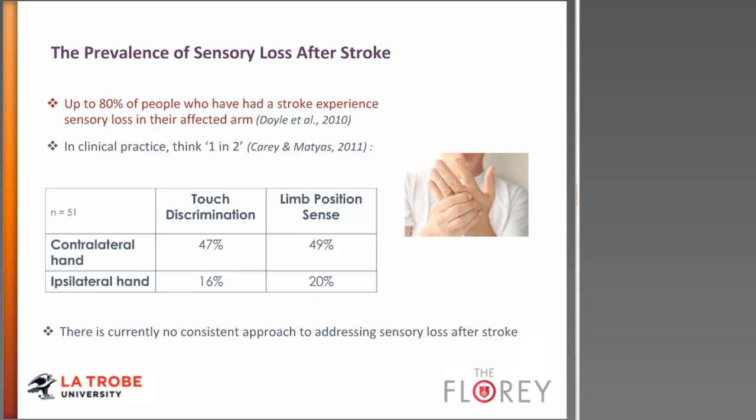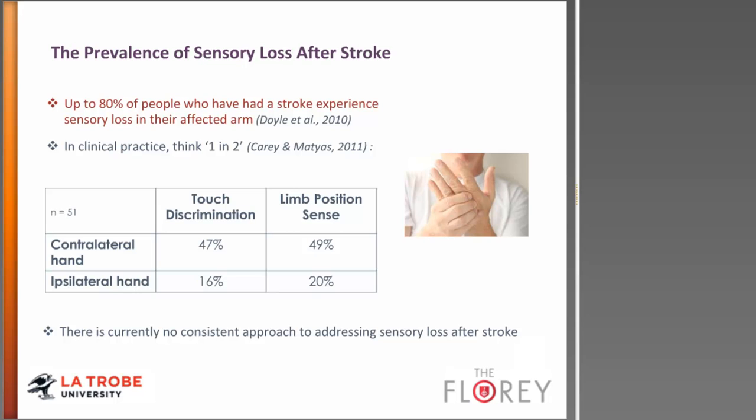And what's interesting as well from some of these prevalence studies is that it's not just the contralateral hand that's affected. What's been found is that when they test the ipsilateral hand, the so-called unaffected hand that we sometimes use as a baseline for what we would expect with sensory detection and discrimination, that also has been found to have impairments in touch discrimination and limb position sense when compared to age-matched norms.